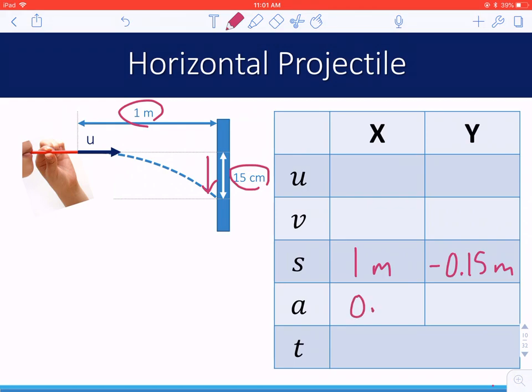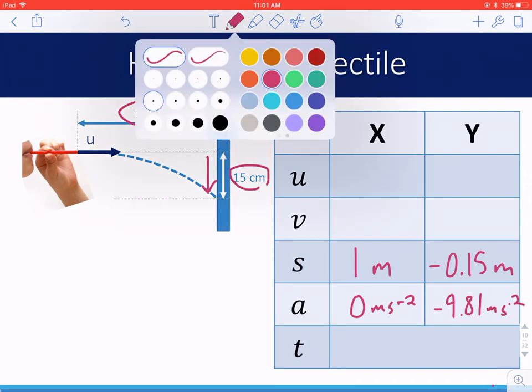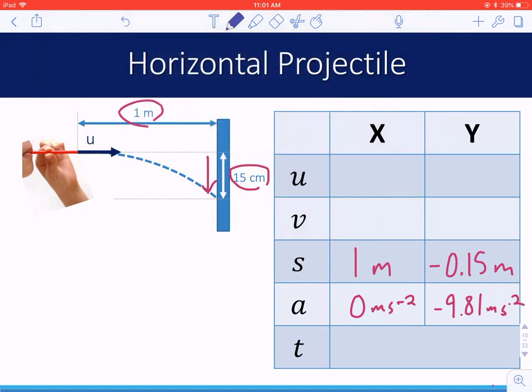Acceleration for x is always going to be 0 meters per second squared. Acceleration for y is always going to be a negative 9.81 meters per second squared. And we know that initially there is no y component of that initial velocity, so u for y is just 0 meters per second.